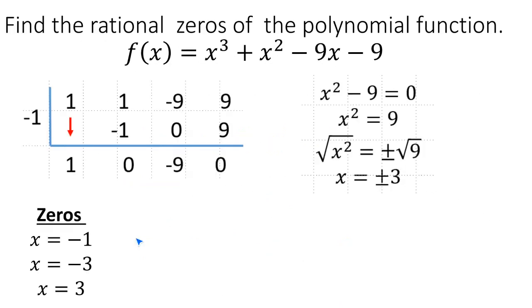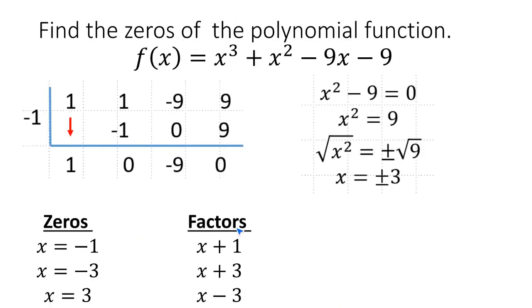So my zeros are negative 1, negative 3, and positive 3. Okay. And my factors are x plus 1, x plus 3, and x minus 3.